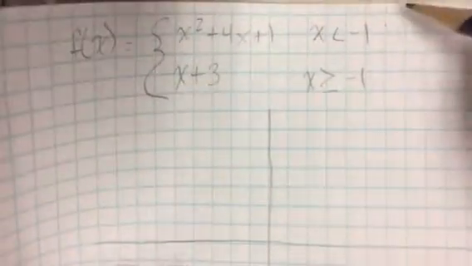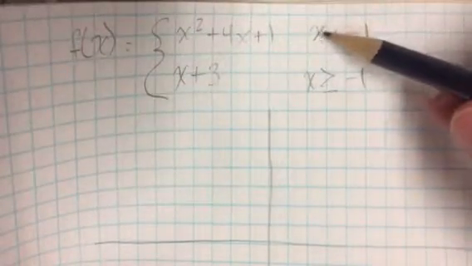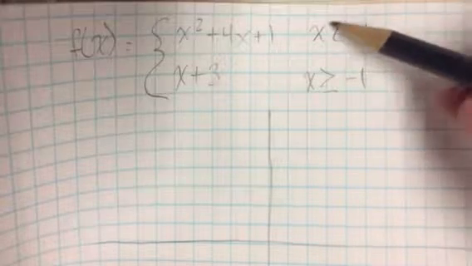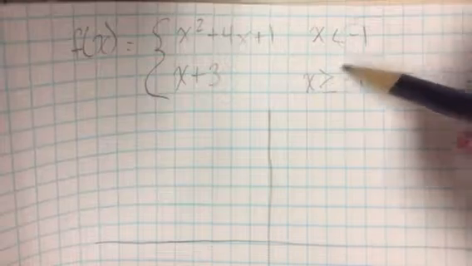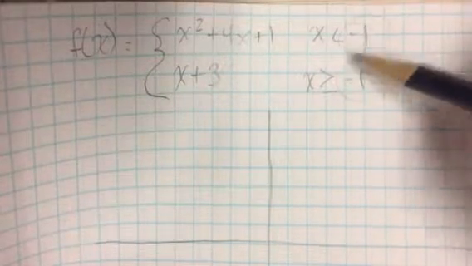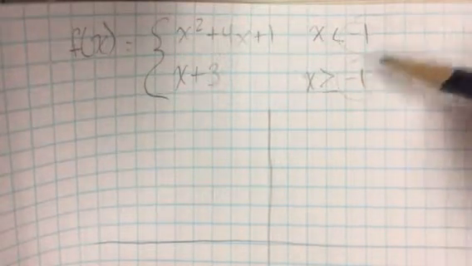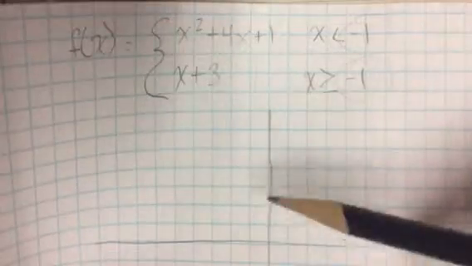Okay, so when I do piecewise functions, I like to go ahead and figure out where my boundaries are in terms of my x's. Looking back up here, for the first function I'm going to be focusing on where x is less than -1, and the other one x is greater than or equal to -1, which means that -1 is going to be my boundary.